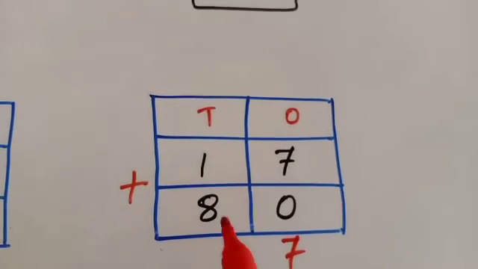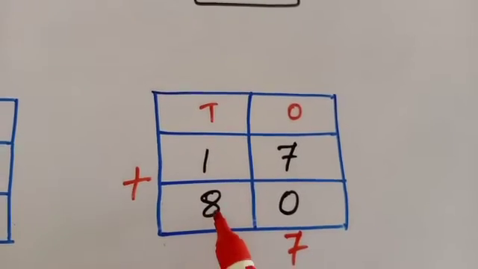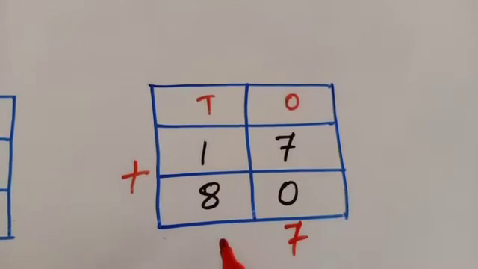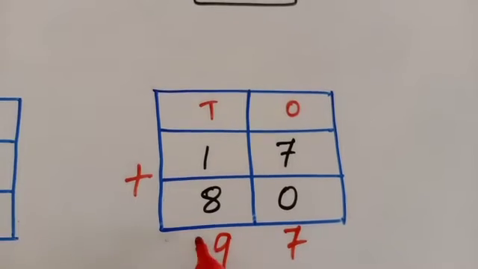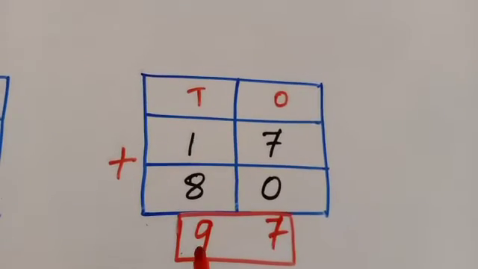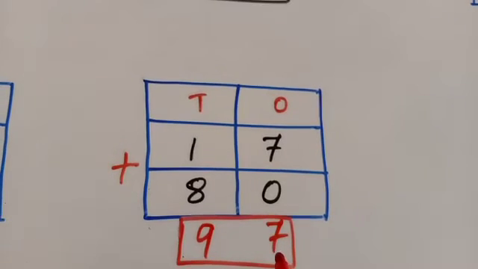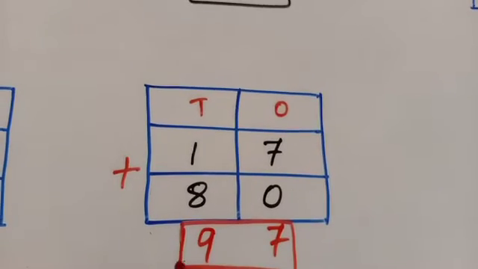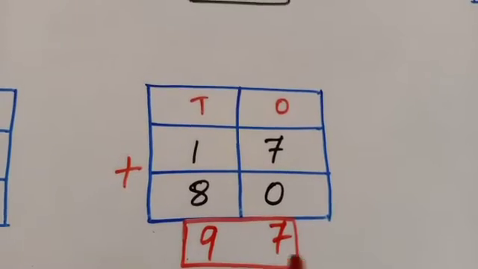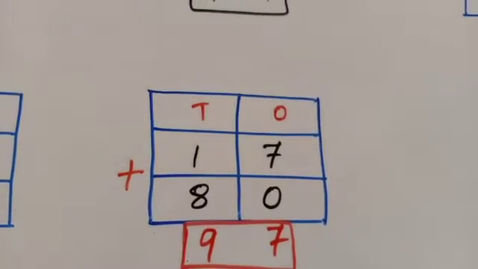And 1 plus 8. So 8 should be in your mind, 1 should be in your hand. 8 plus 1 is 9. So total how many apples are there? 97. Okay? Yes. Is it clear, children? Yes, it's very easy. So let's move to the next sum.